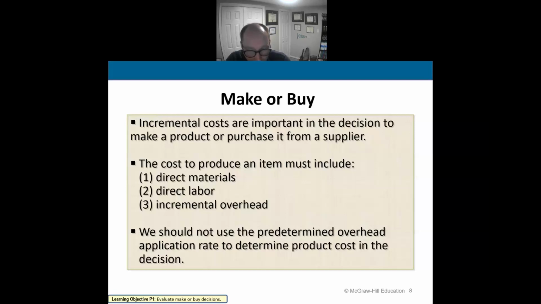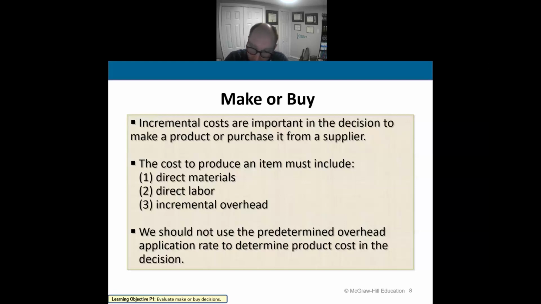If we know what those costs are, this is the cost gathering step of the decision-making process. If we know what those costs are, I can also make the decision to buy the calculator that I need to sell. So I need to know what the cost to me is to buy that calculator from a vendor and then sell it myself.